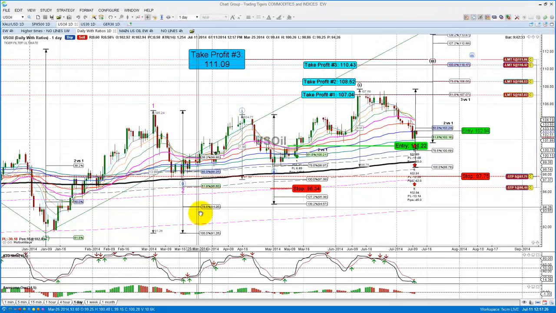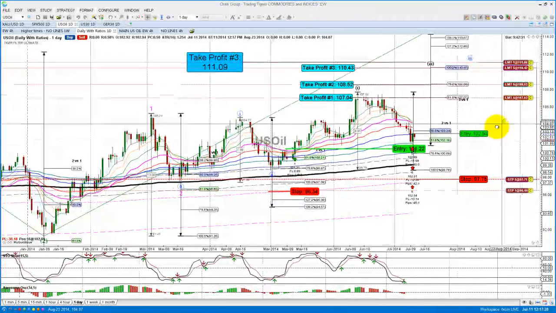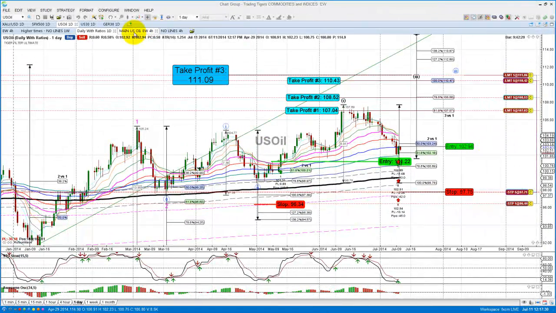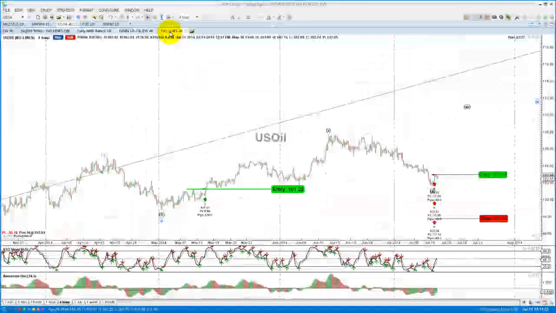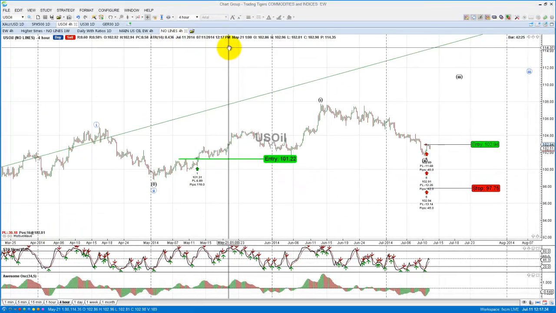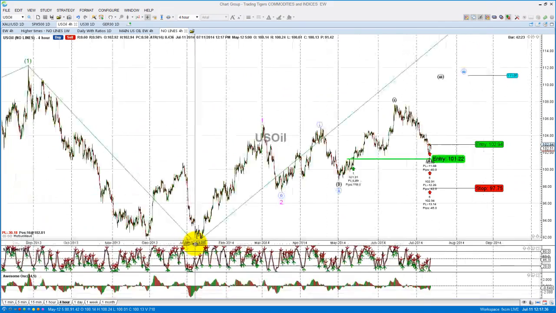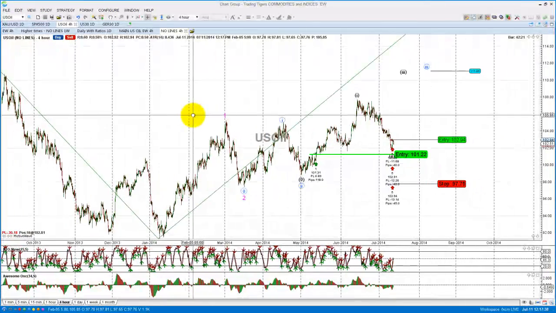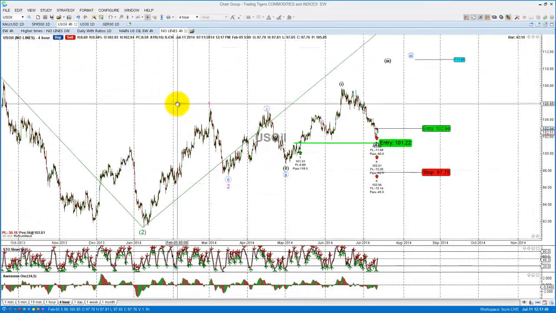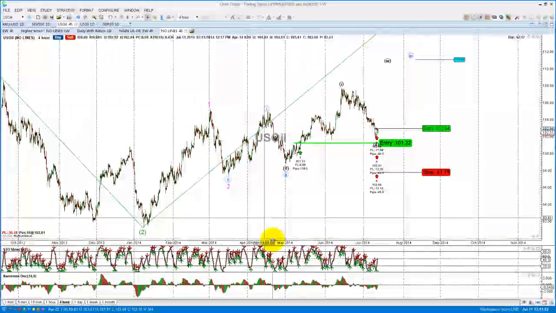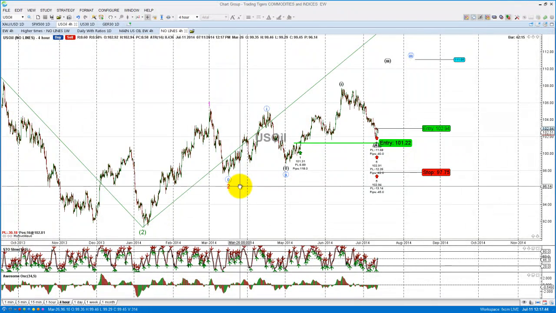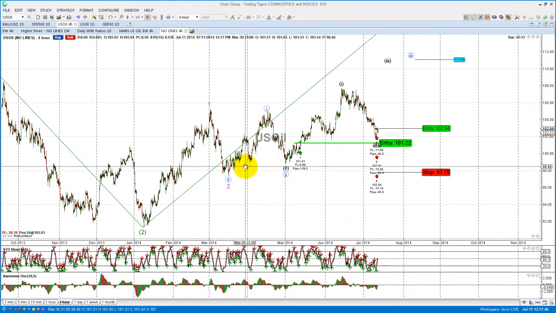There's 1, there's 2, and we're in a wave 3 for that. If we take it now to the 4-hour, which is what we've entered it on, you see we've entered some trades already, and there's the minor pink, which we've broken down into 2 sub waves.